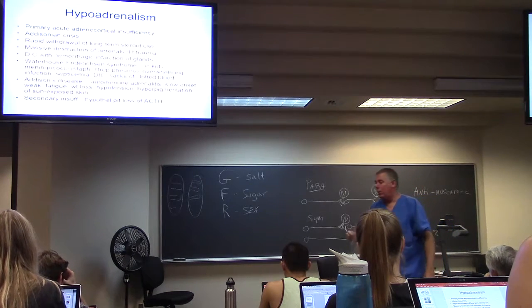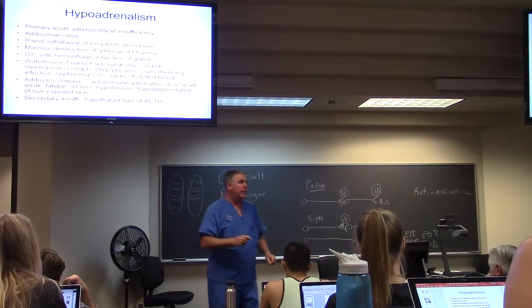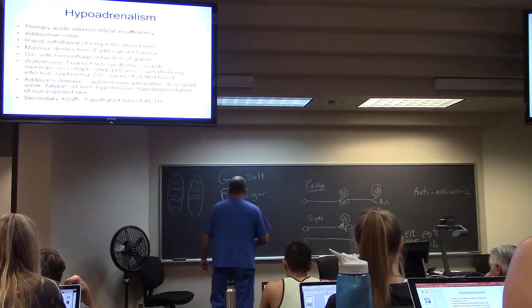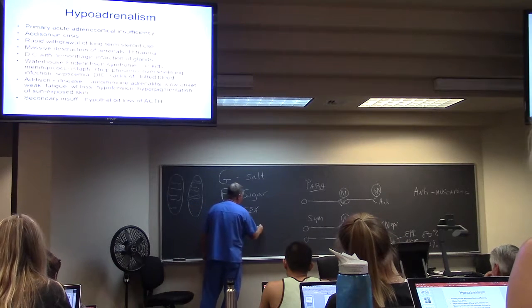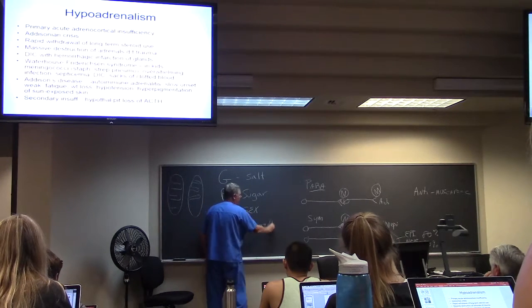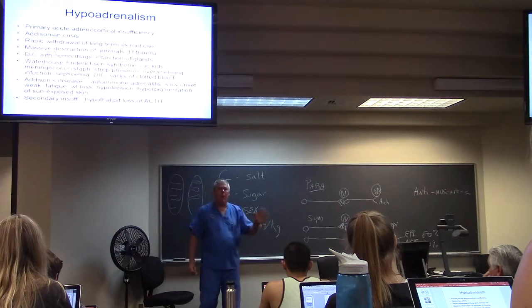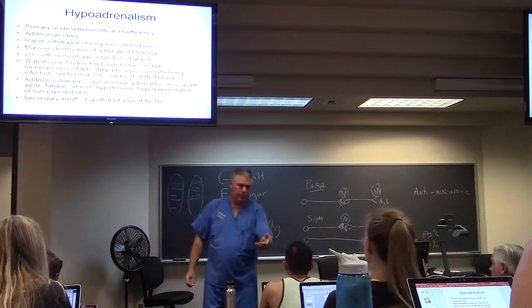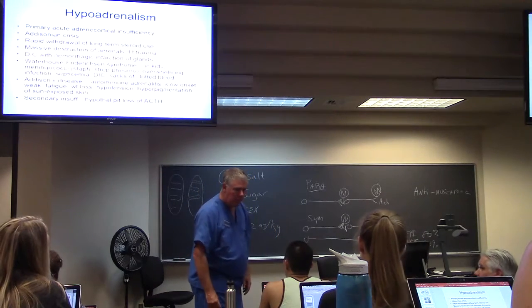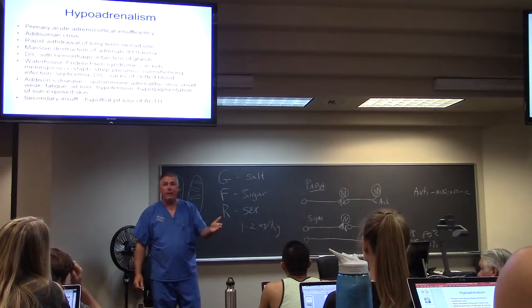So, when you're putting somebody on steroids, the typical dose of steroids is 1 to 2 milligrams per kilogram. So, in that ballpark. So, Andrew, how much do you weigh? 150. 150 pounds, that's probably close to 70 kilograms, right?